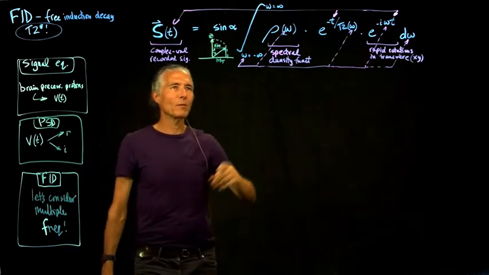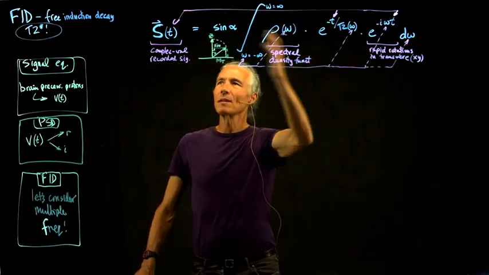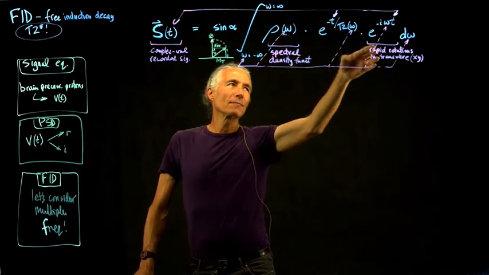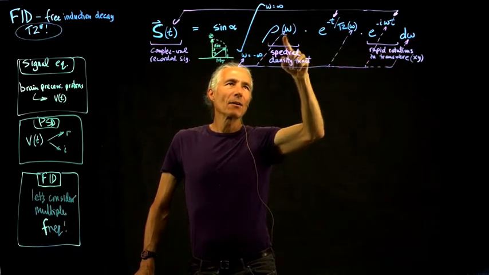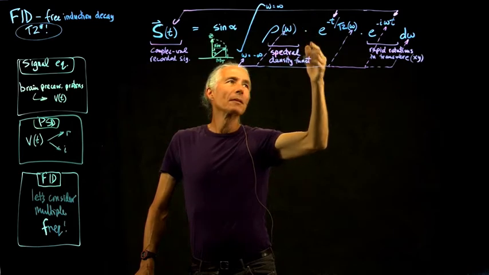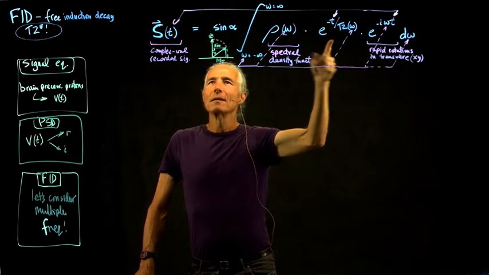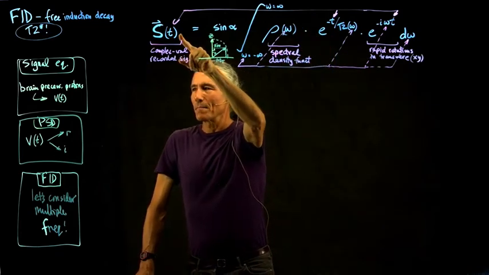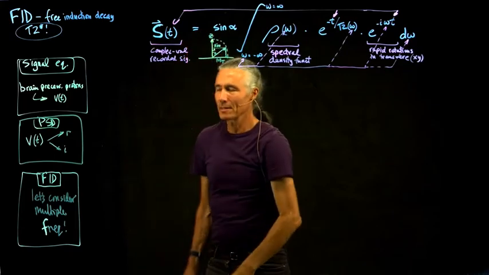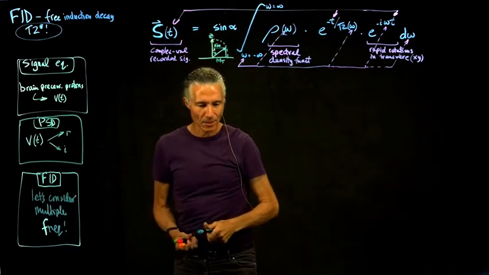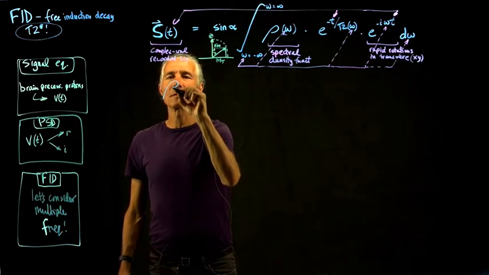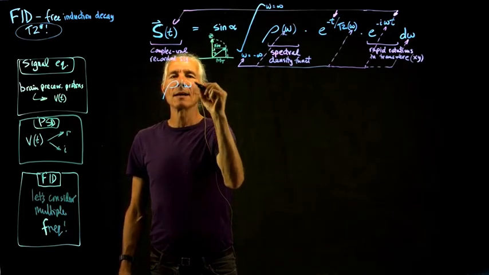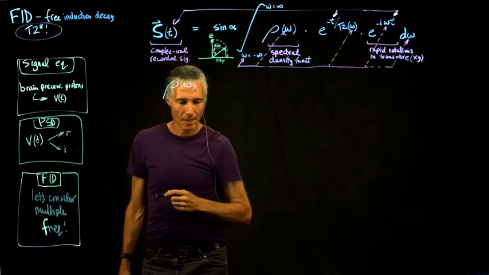So we have this equation that says your signal is the sum of all these protons oscillating at all these different frequencies. We add them all up, they're decaying in time, and we get our signal over time. Now we just have to make up an equation for how the frequencies are distributed.